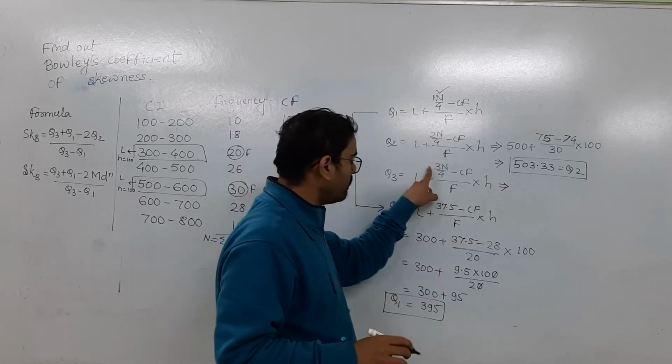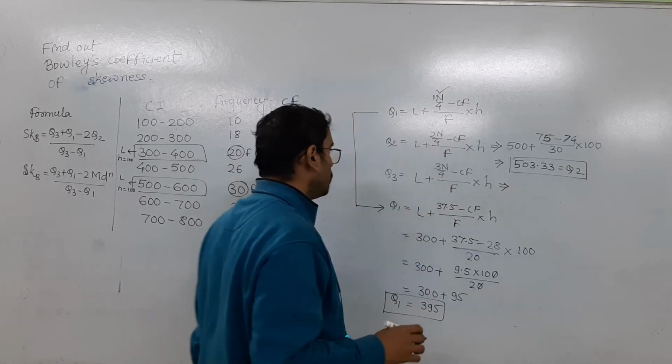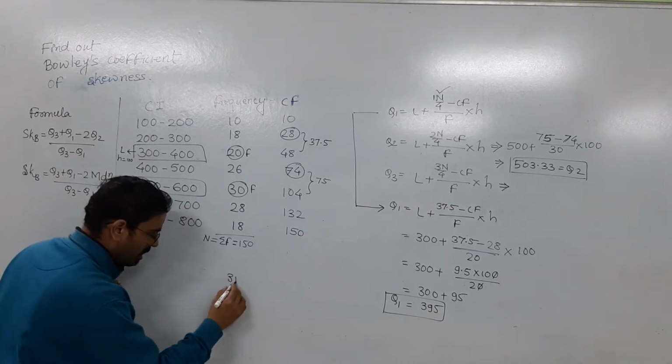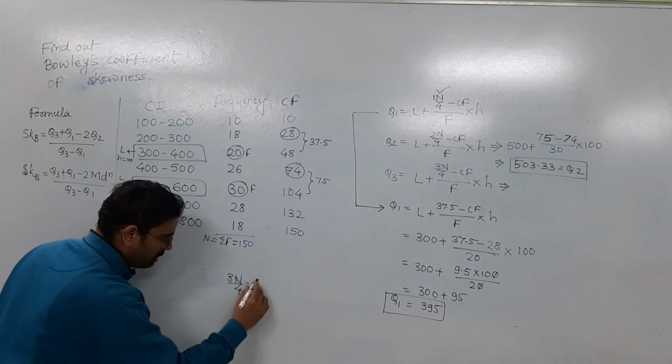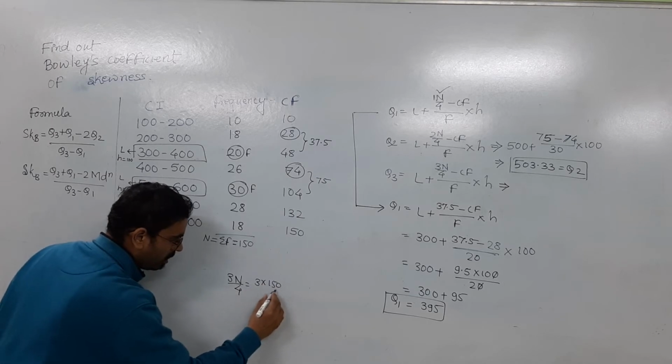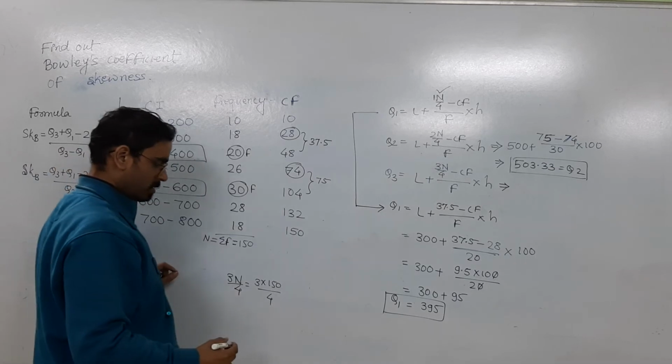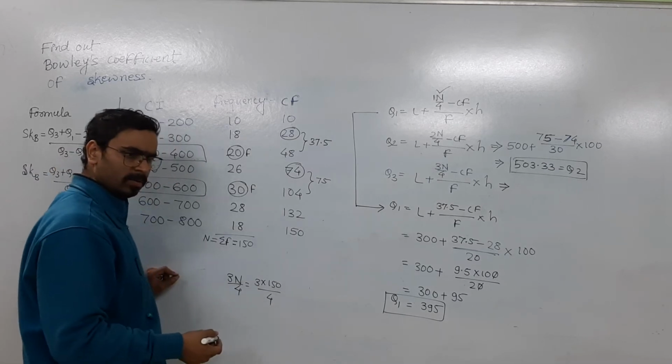In the same pattern, we are going to calculate Q3. Now we have to find the 3n by 4 value first. So 3n by 4 means 3 into 150 divided by 4. Just calculate it.